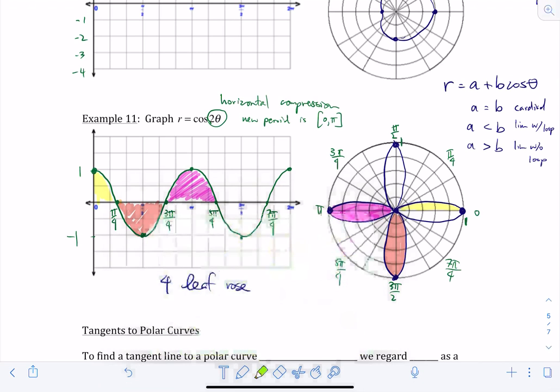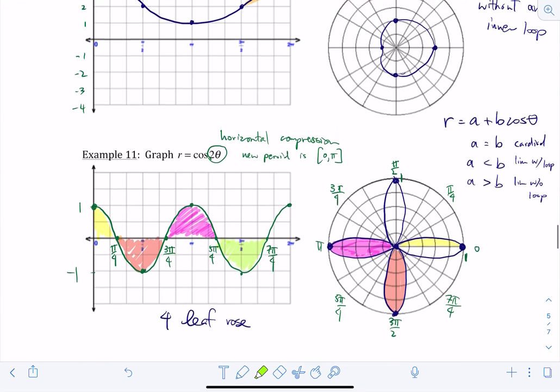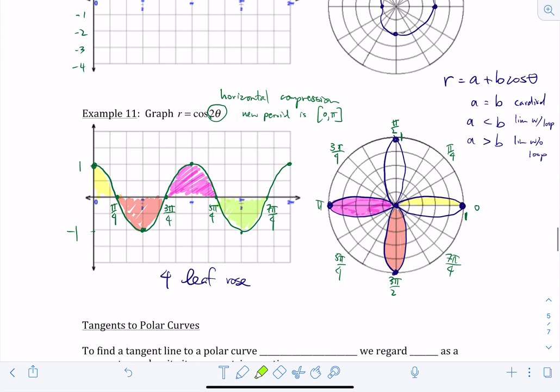So this part that's below the axis right here, that's all going behind you. And that's when you're moving from 5 pi over 4 to 7 pi over 4. So that's this leaf right here, right? And then the last leg, this part is above the axis. That means it's going in front of you. So this guy is like this last part of the leaf there.